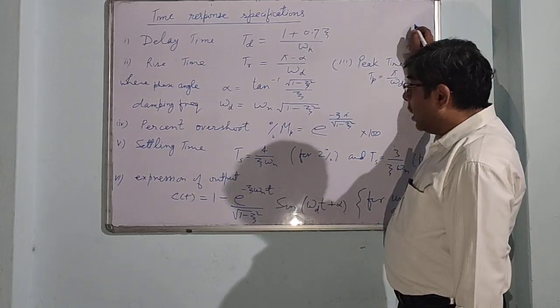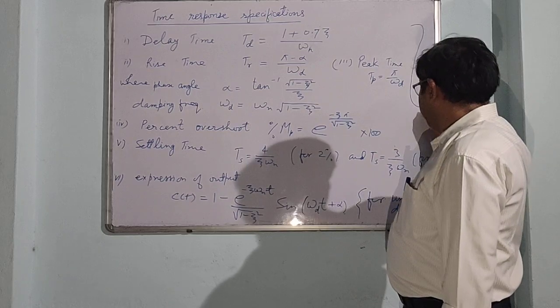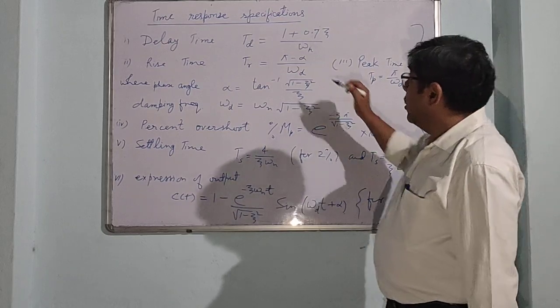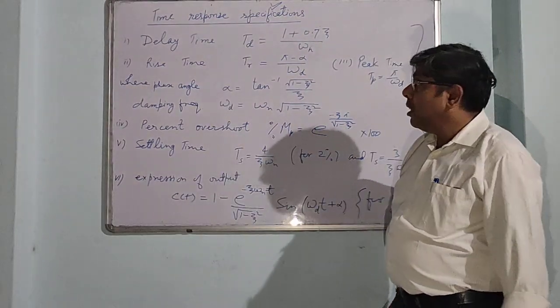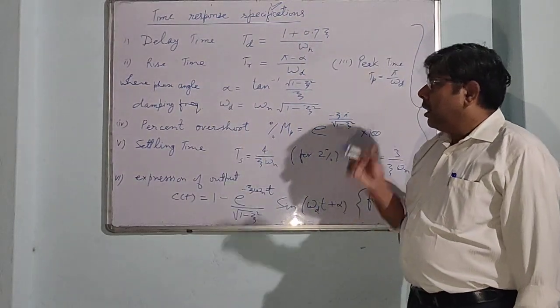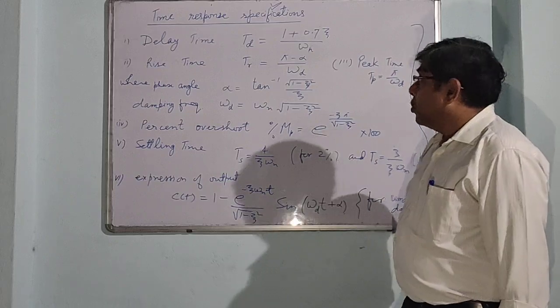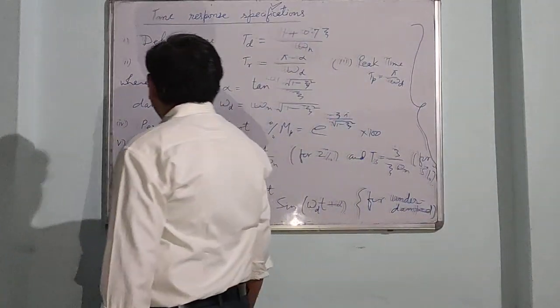So these are five specifications which specify any system. Here expressions are given.